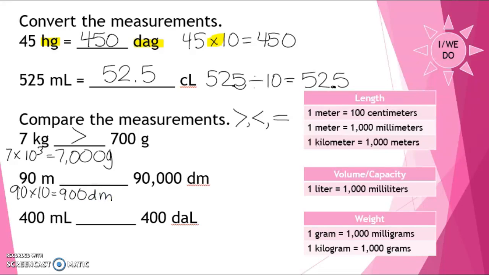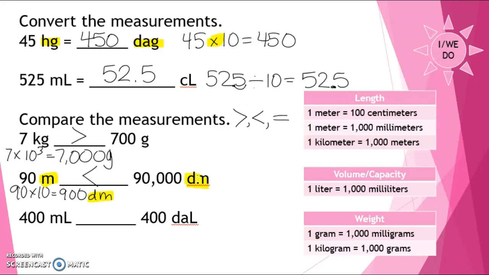And 900 decimeters is less than 90,000 decimeters. What are we doing? We're converting the larger unit to the smaller unit so that we can compare them and determine which ones are greater than, less than, or equal to.